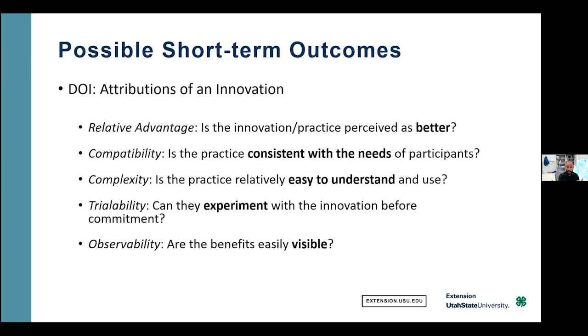And if they perceive that these things are not there, if they think it's not better than what they're doing, if they think it's not compatible with what they're doing, if they think it's difficult to use and they can't see the benefits of it, then the likelihood of adoption is very, very low. So at the end of our program, if we can gather participants' perception towards these things, then we have decent short-term outcome data to predict adoption and then make that assumption about long-term outcomes.